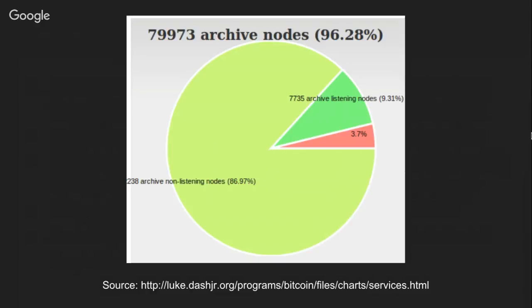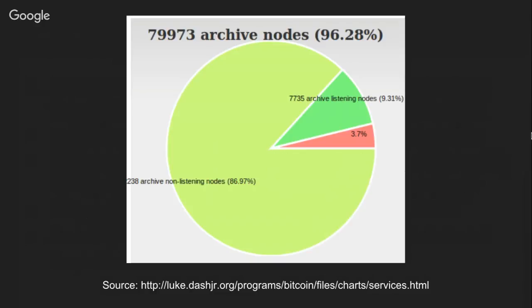So 86 or 87% were non-listening or selfish nodes that were just downloading block data, and 9% were actually listening nodes that upload data back to the network.